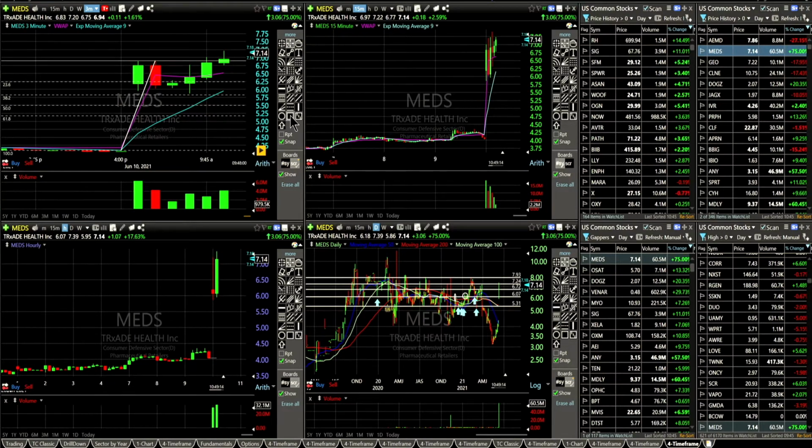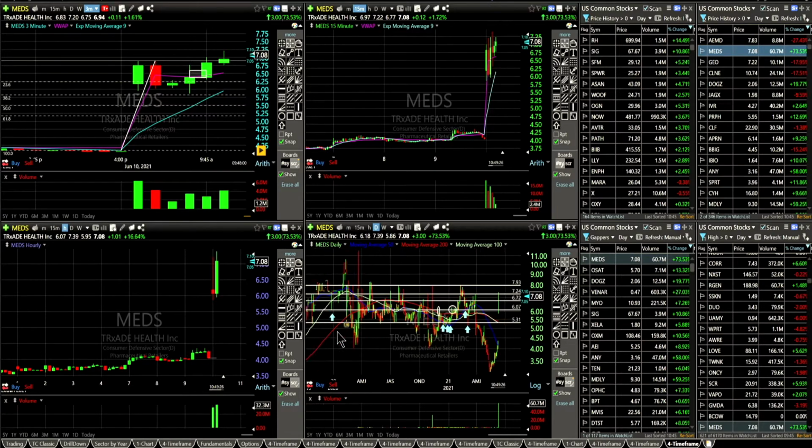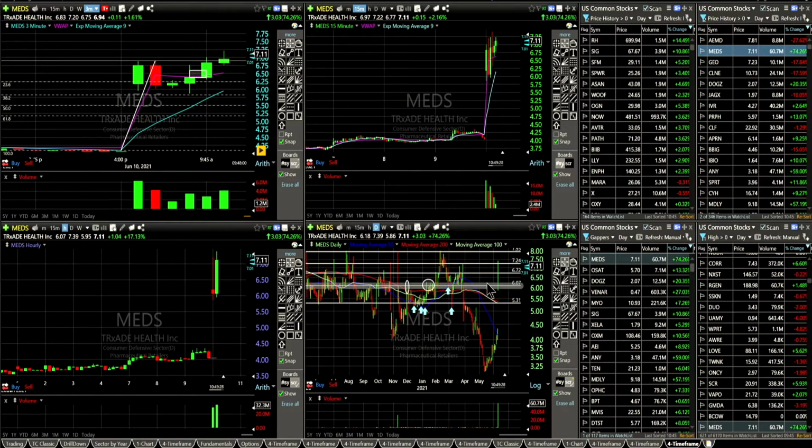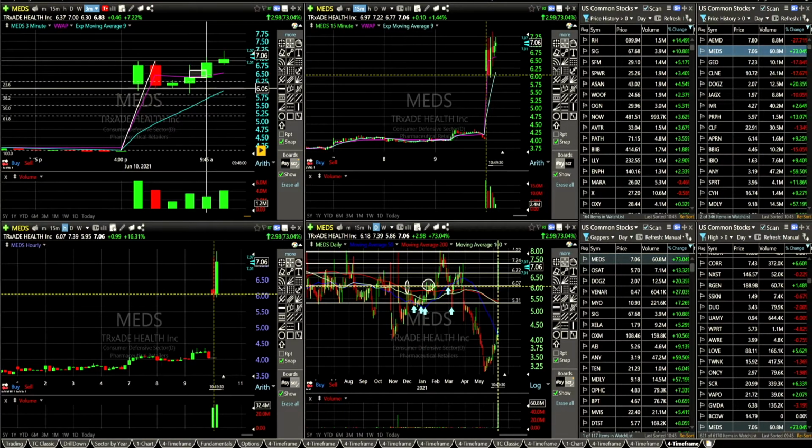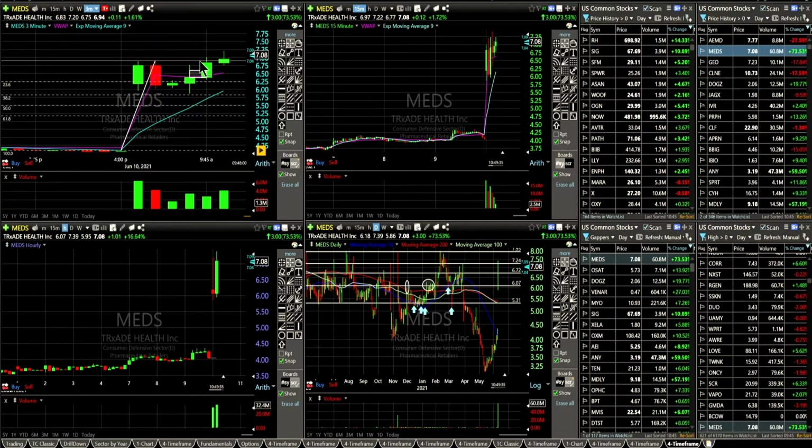Okay, and where did I get long? I got long right in this candle, as we broke above VWAP. I liked what I saw because this was a level that we drew on the daily again. You see the $6 line? We're holding it beautifully. So right in there, I'm thinking that we're going to get a squeeze up over $7, right? Very easily, and then we do.